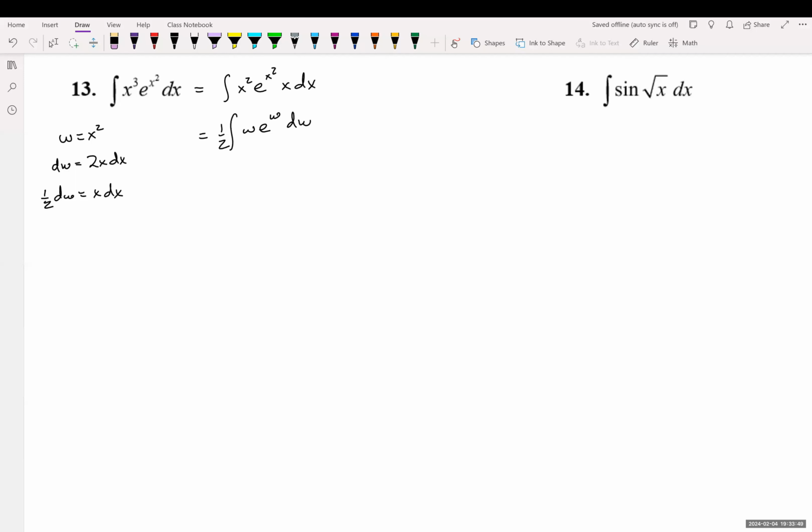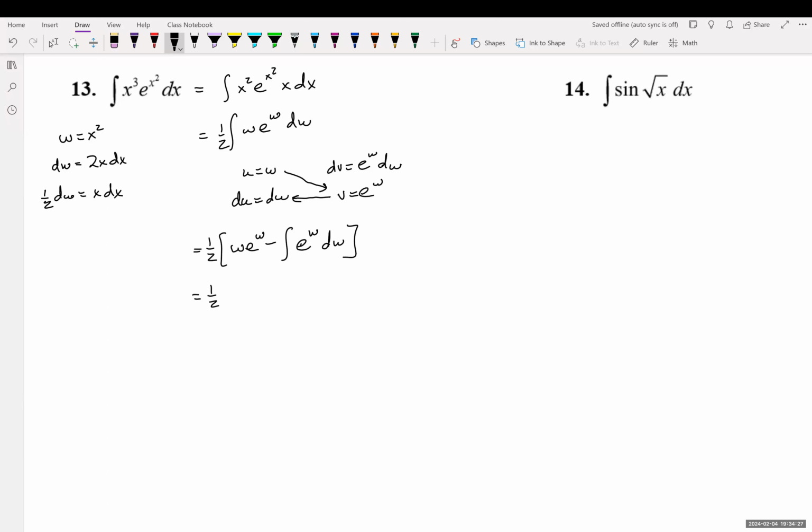And so now we notice we can do integration by parts here. If we let u equal w and dv equal e to the w dw, du is dw and v is e to the w. So this becomes 1/2. We're going to get uv, so w e to the w, minus the integral of v du, which is e to the w dw.